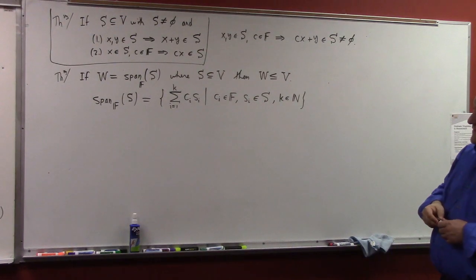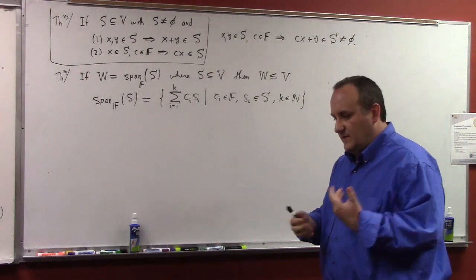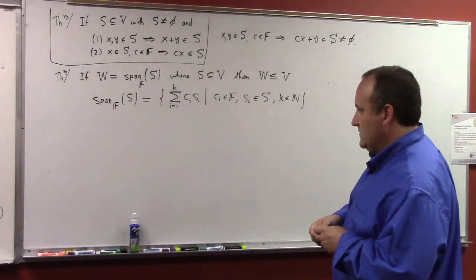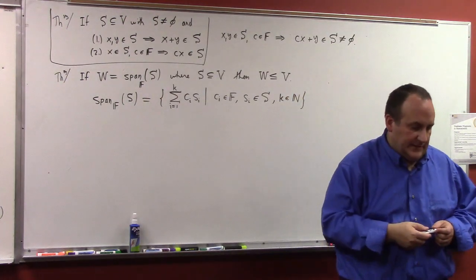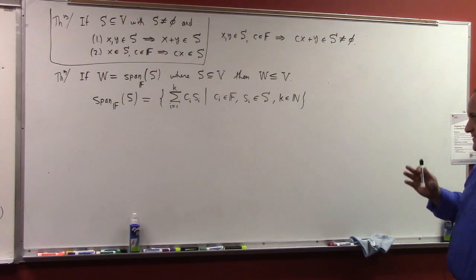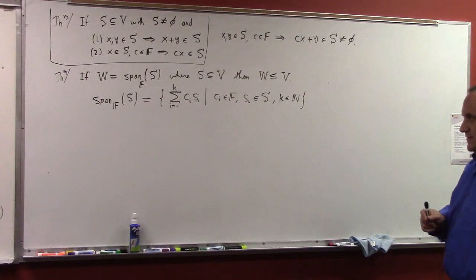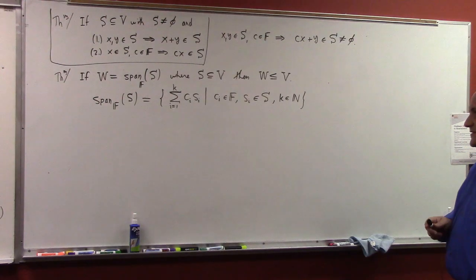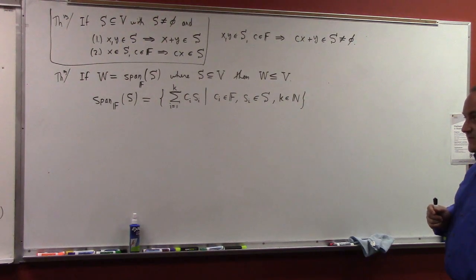In words, the span is the set of all possible finite linear combinations. I suppose there is a context in the Hilbert space where you might extend this notion past a finite linear combination, but that's a special context. In regular linear algebra, span is the set of all finite linear combinations, even when S is infinite.